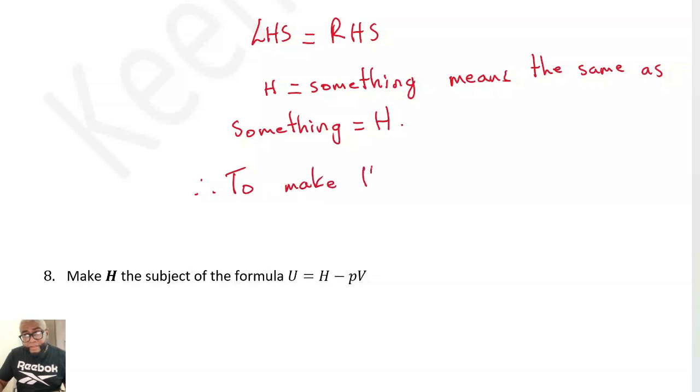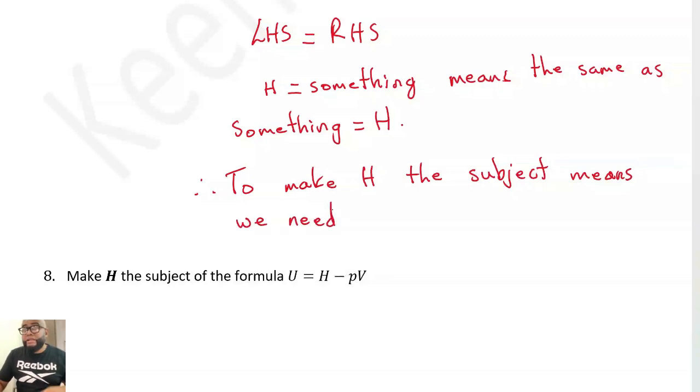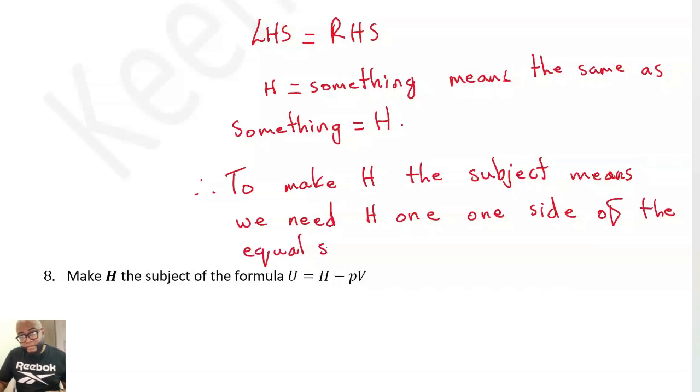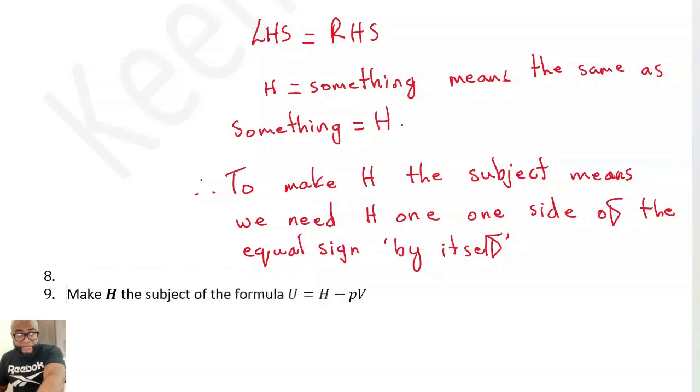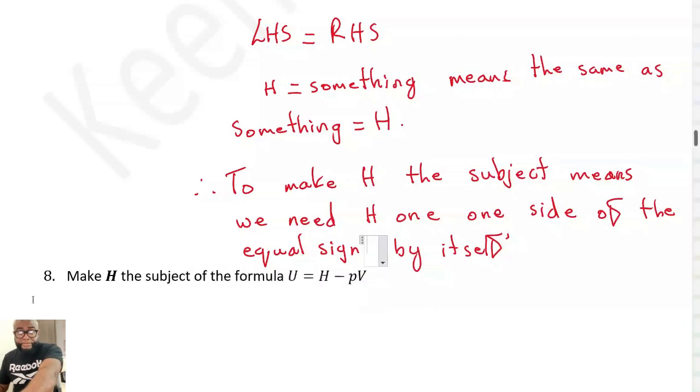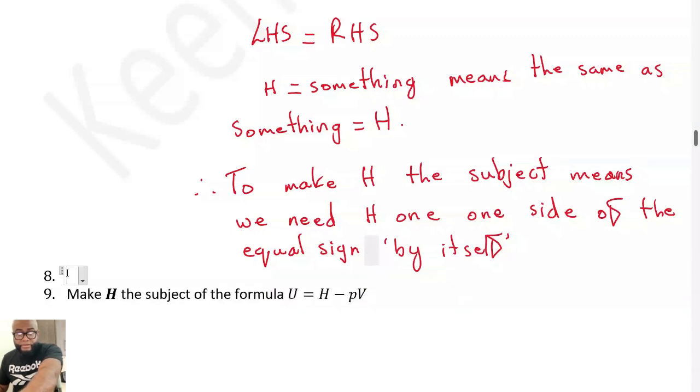To make H the subject means we need H on one side, it doesn't matter which side, of the equal sign by itself. If you want to put it in layman's terms, by itself. That's what it means to make H the subject of the formula. That's what it means to transpose, right? Everybody get there?